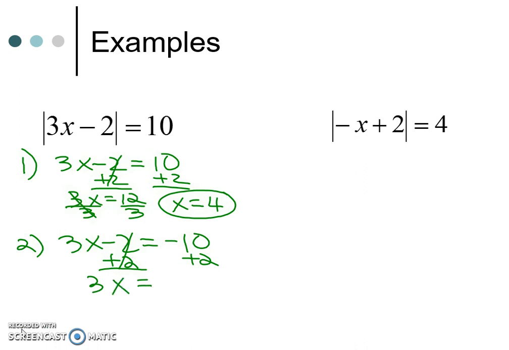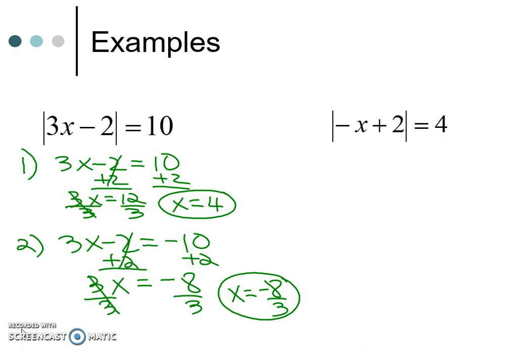Negative 10 plus 2 will be negative 8. Divided by 3, x equals negative 8 over 3. So we have two answers: x equals 4, x equals negative 8 over 3.